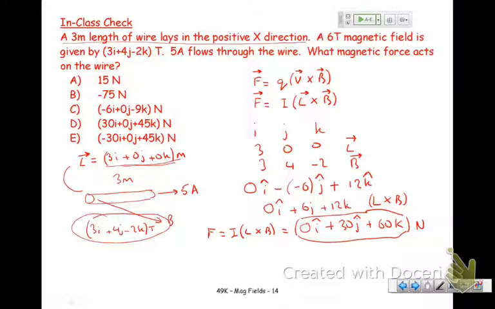And just as I sit here, the first thing that we realized was that the answer that is truly the answer is not any of the choices. But the second thing that I've just noticed, and you've probably noticed as well, is that I doubt very much whether 3I plus 4J minus 2K has a magnitude of 6 Tesla.